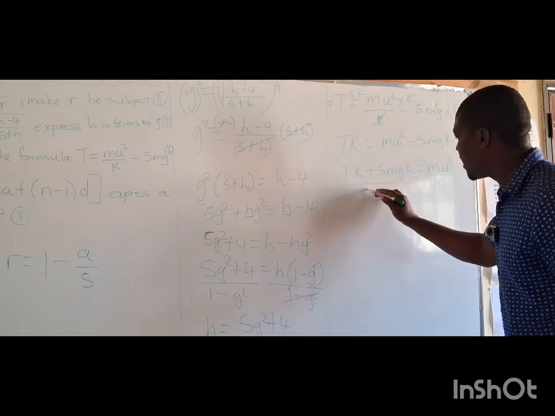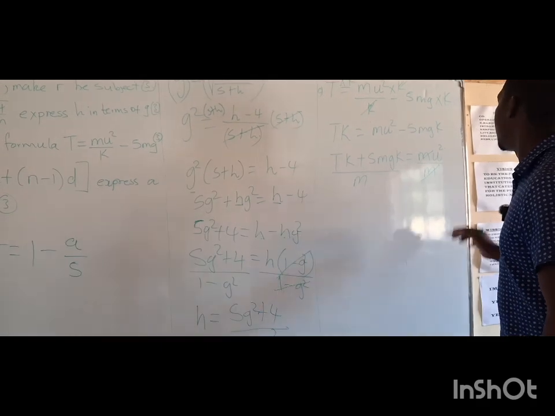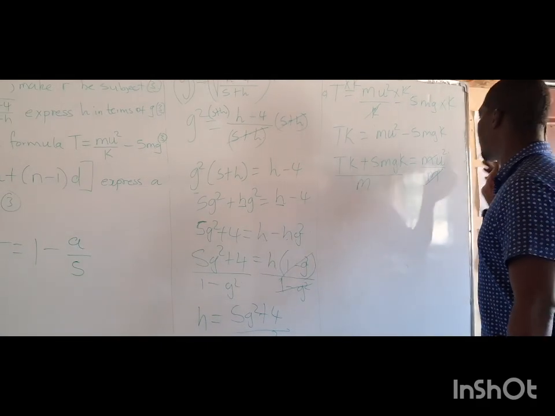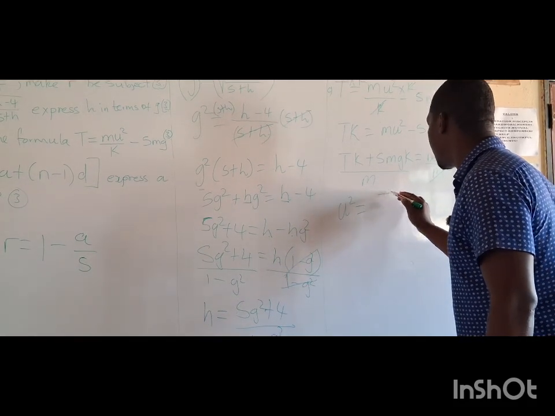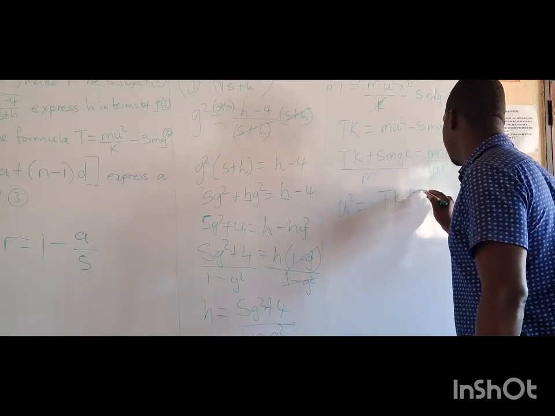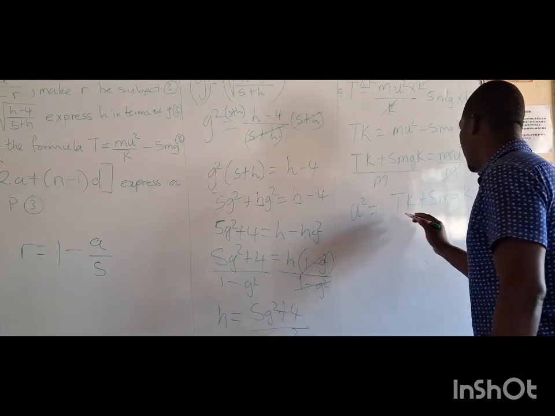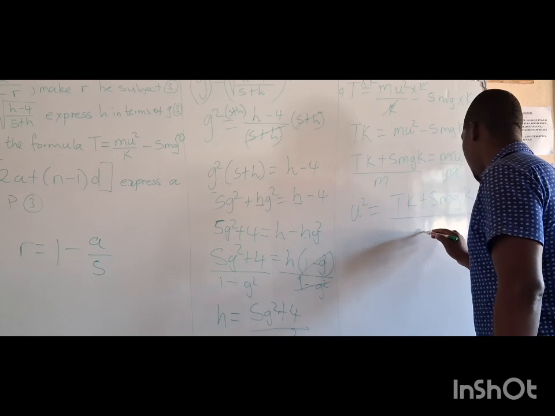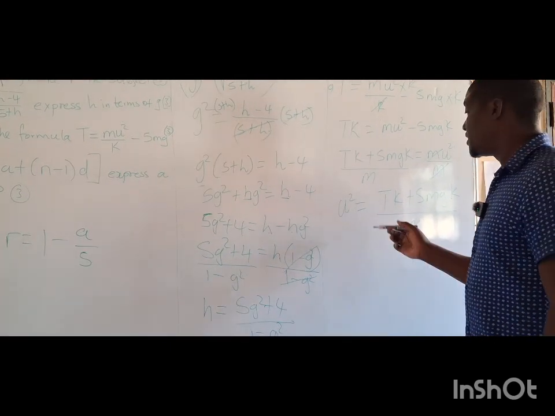M and m cancel each other. So we are having 1 u squared. So we are having u squared is equal to tk plus 5mgk over m.